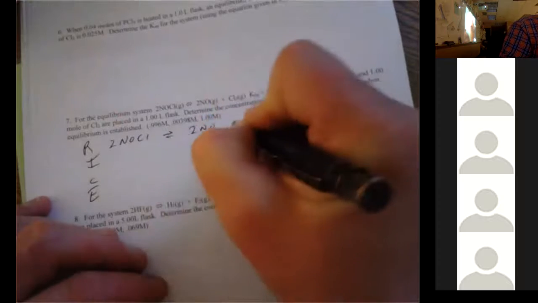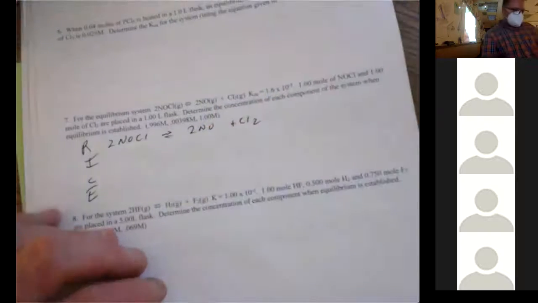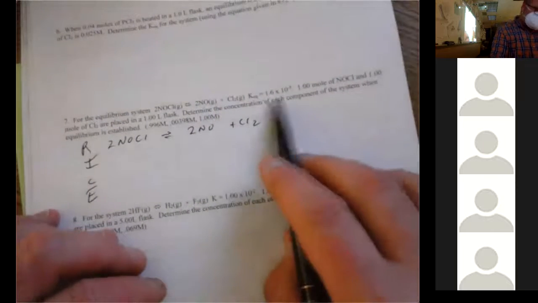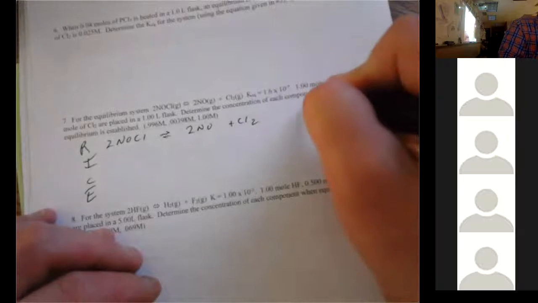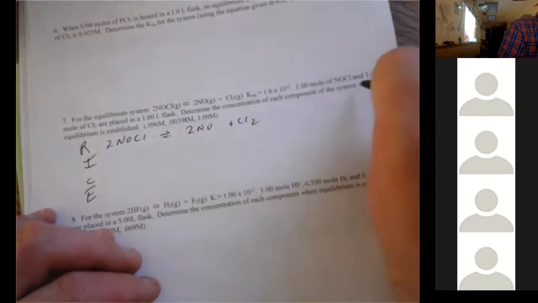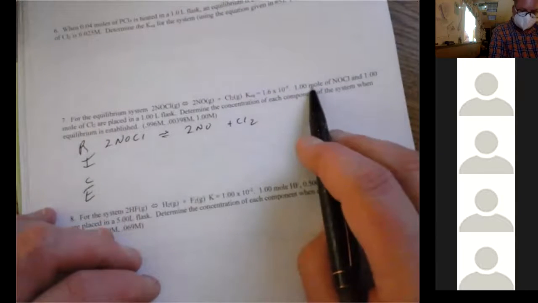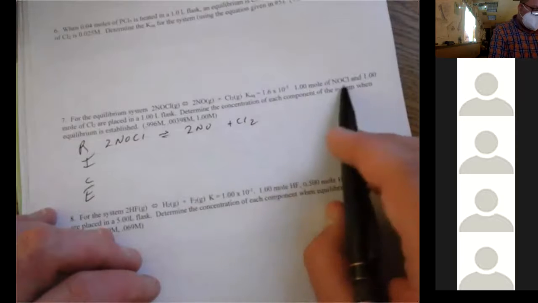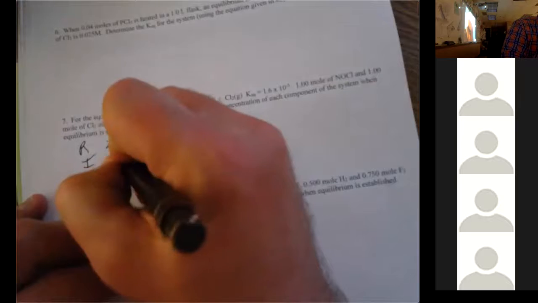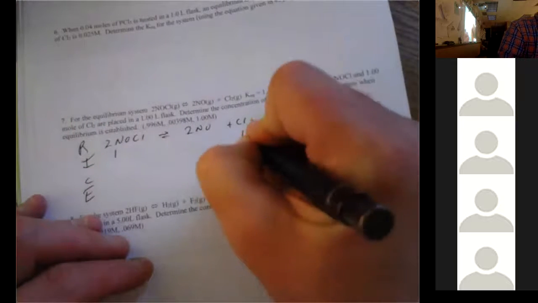2NOCl yields 2NO plus Cl2. So the Keq equals this. 1 mole, oh, this is kind of cheap, right? 1 mole of NOCl and 1 mole of Cl2 are placed in here. So we have 1 molar and 1 molar. At the beginning, what don't we have?